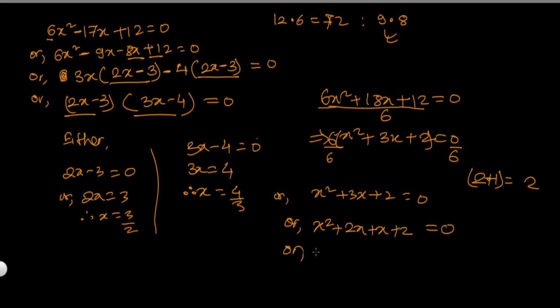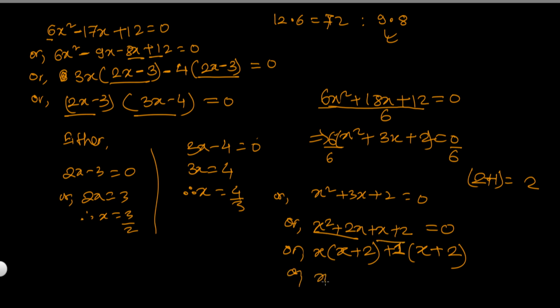Now x is common over here in these two terms, so we will have x times x plus 2 plus, if there is nothing common, you can always write 1 because 1 can be multiplied with any term to get the same term. So I can take 1 common, which will give me x plus 2 as it is over here.